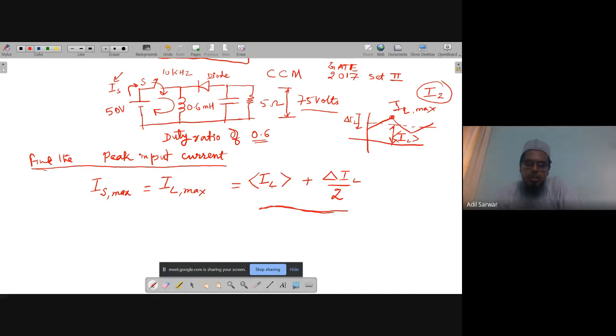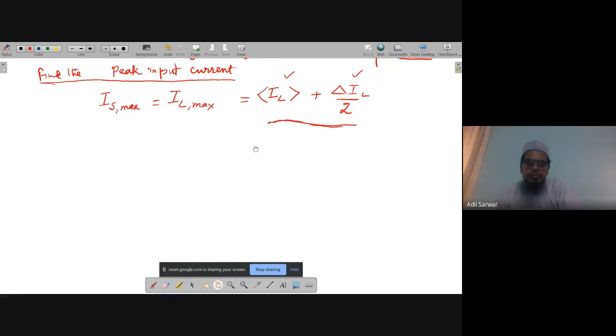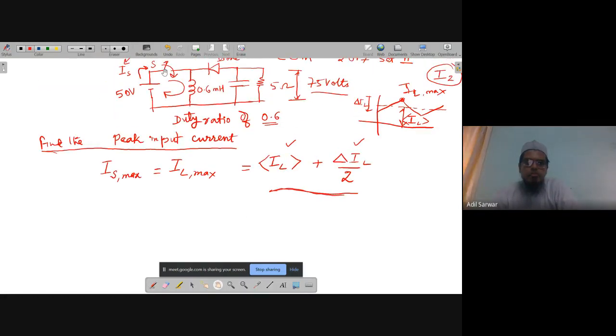Let us now try to find out the average inductor current and the ripple in inductor current divided by 2. So how can we find it out? Let's start with delta IL. In the mode when the switch is conducting, what would be the voltage appearing across the inductor?